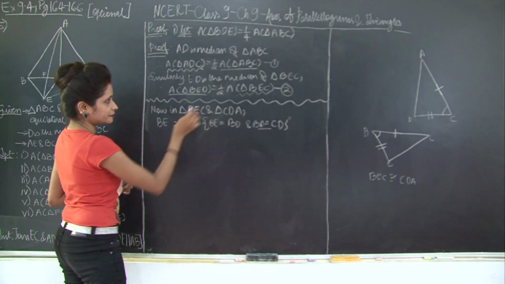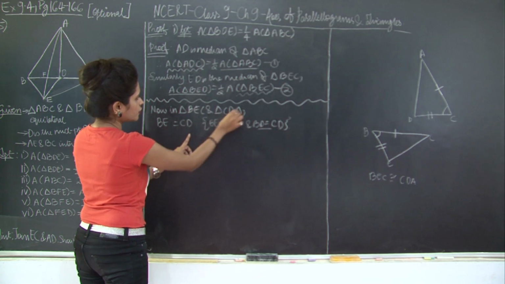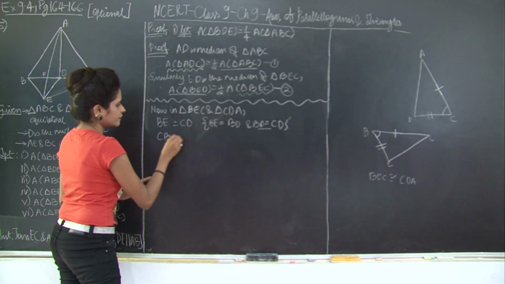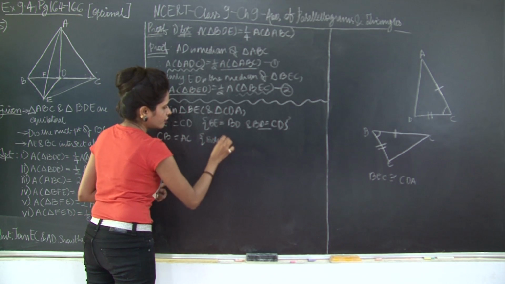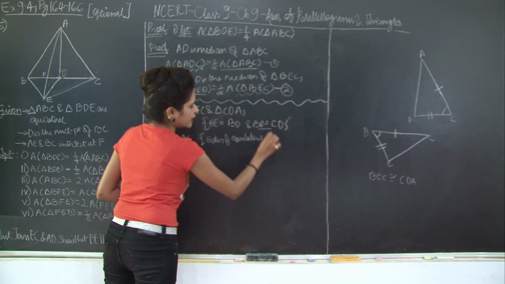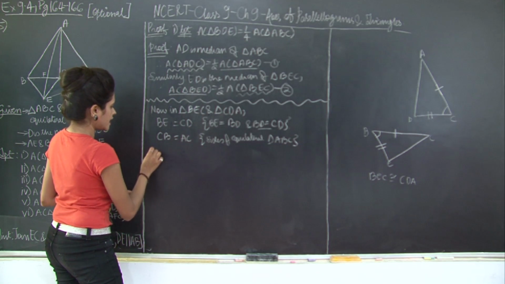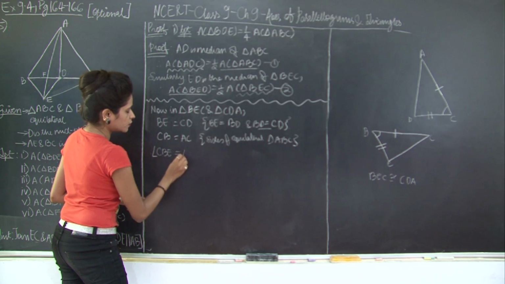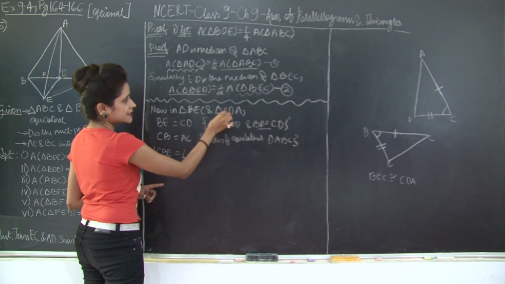Also, we have AC is equal to, if you go from here, if you are taking AC, it's CB. So CB is equal to AC, sides of equilateral triangle ABC, right? And also I have angle CBE is equal to angle, so I am taking CBE, therefore I will take ACD.